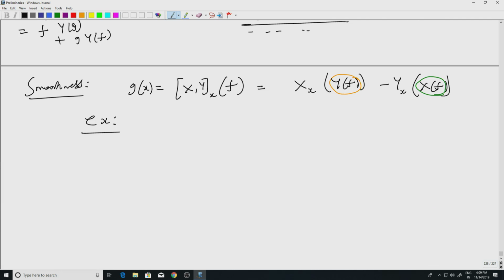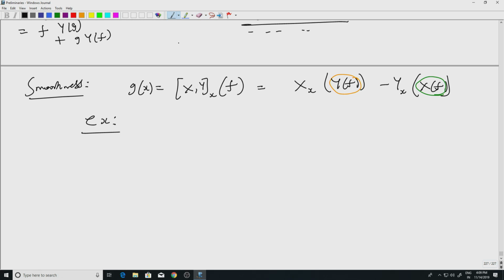Now, let's look at some examples of the Lie bracket. As an example, let's just take a trivial thing but very important example. So let U be contained in Rn. Actually, I don't even need the open set.